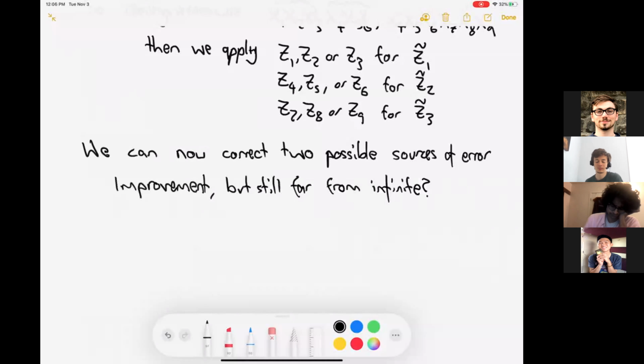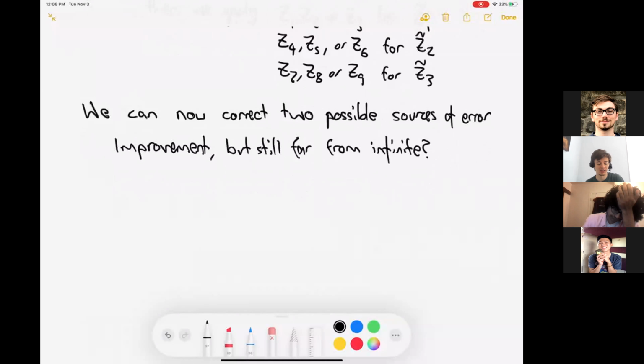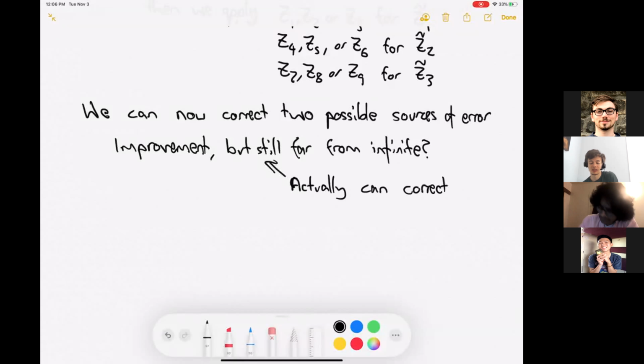Okay. Turns out, actually, we're done. Actually, this can correct arbitrary errors on a single qubit, which is pretty crazy and really quite miraculous, and is the thing that makes quantum error correction work.